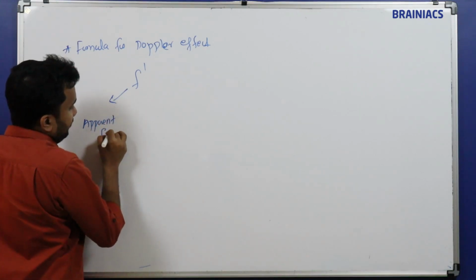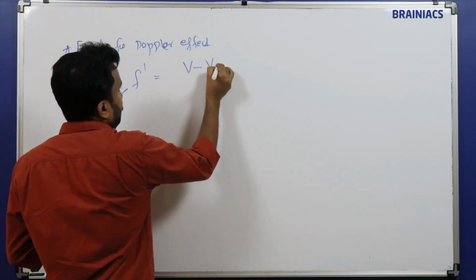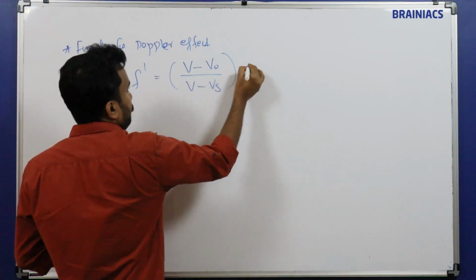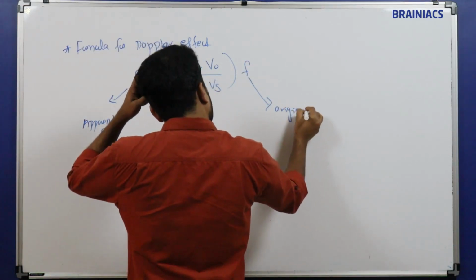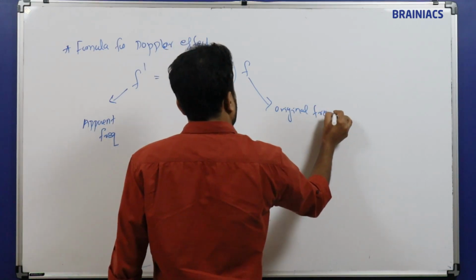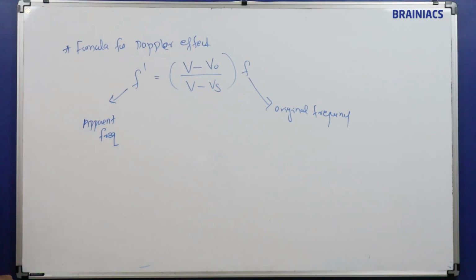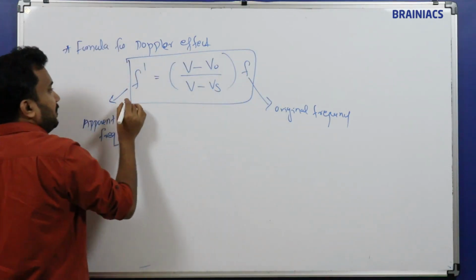So apparent frequency F dash is equal to (V minus V observer) divided by (V minus V source), into F. F is called the original frequency. Whatever the question, the equation is simple: F dash will be equal to (V minus V naught) divided by (V minus Vs), into F.